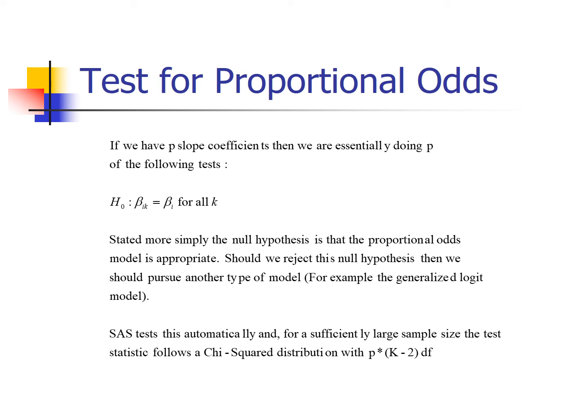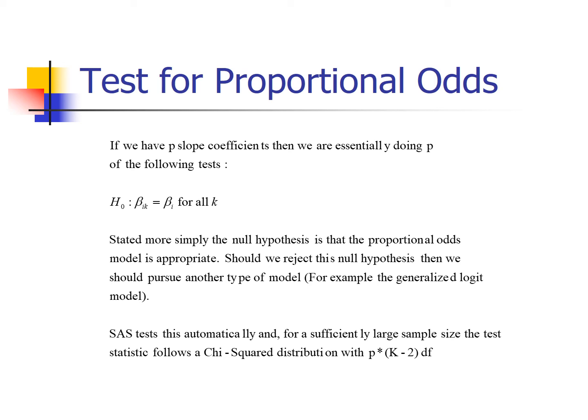More simply, the null hypothesis is that the proportional odds model is appropriate, that each variable has the same slope in all of our k-1 equations. So we hope to fail to reject.